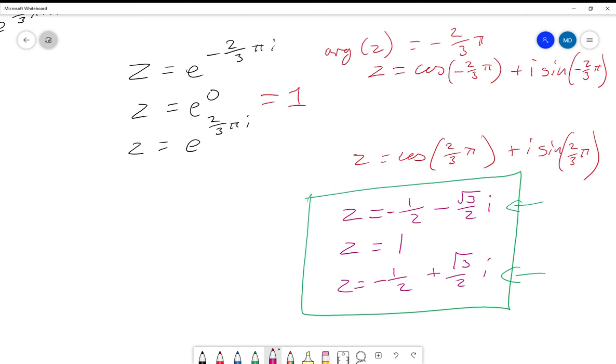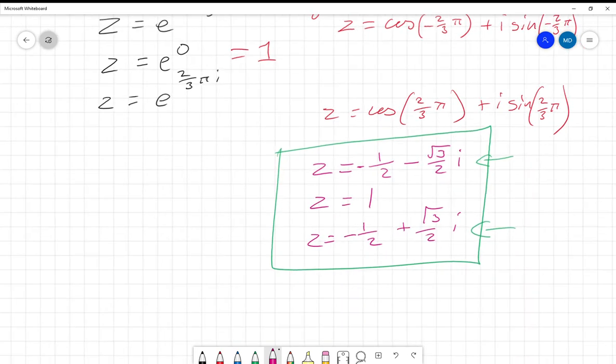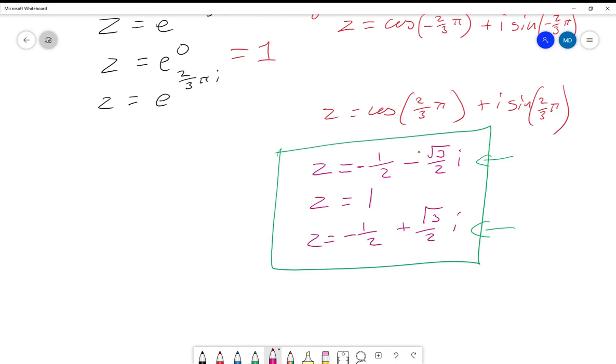So these are our 3 roots, and like I was saying, they have quite a nice property where if you add all 3 of them together and sum them up, the real parts, -1/2 plus 1 plus -1/2 is 0, and -√3/2 plus 0 plus √3/2 is also 0. So if you add together these roots, you get 0.